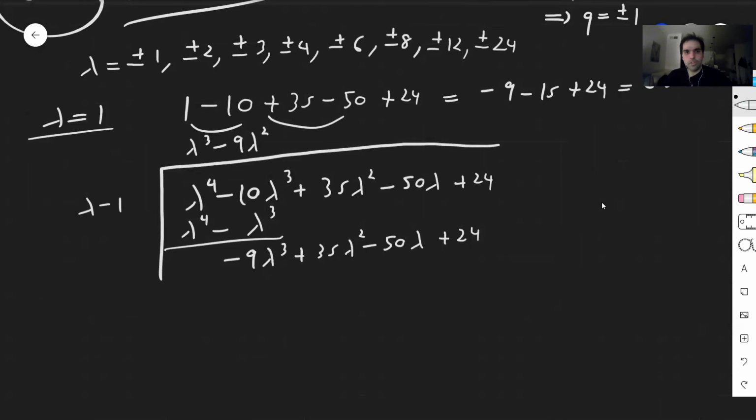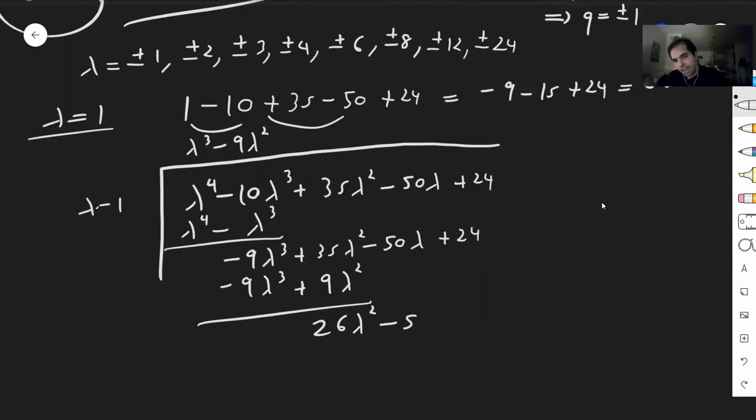So then what we get, minus 9 lambda squared times lambda minus 1, so minus 9 lambda cubed and then plus 9 lambda squared. Again, I'm so proud of you. So 26 lambda squared minus 50 lambda plus 24.